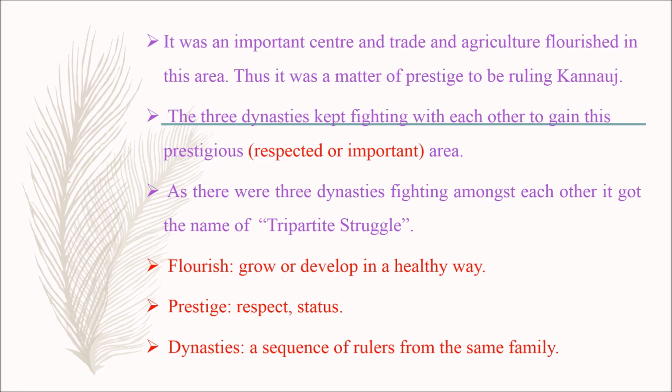So, the three dynasties kept fighting with each other to gain this prestigious area, which means respected or important area, as there were three dynasties fighting amongst each other. So, it got the name of tripartite struggle.